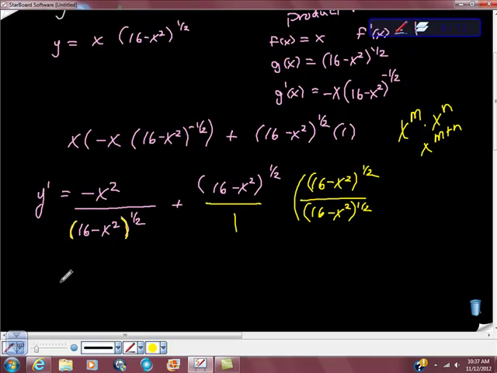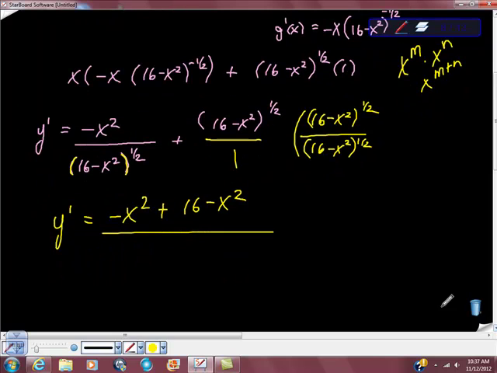So when we clean it up, it ends up looking like this. y prime is equal to this negative x squared right here, plus this. And remember, when we multiplied these two things together, the square root dropped, didn't it? So we got 16 minus x squared all over 16 minus x squared to the positive 1/2 power.